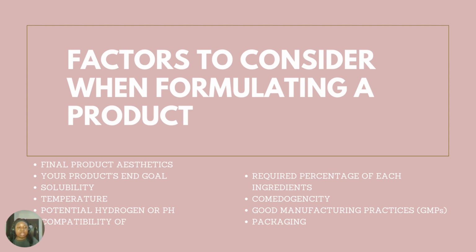So, for example, let's say your final product needs to be a pH of 4.5. You cannot incorporate niacinamide, which is vitamin B3, in your toner, because niacinamide is only stable at a pH of 6. You are not going to reap the benefit of niacinamide in that toner. And guess what? At a lower or higher pH, niacinamide turns into a different chemical component, so you really want to avoid that.